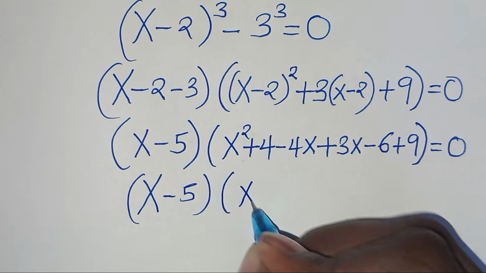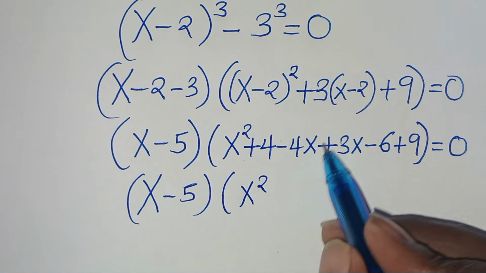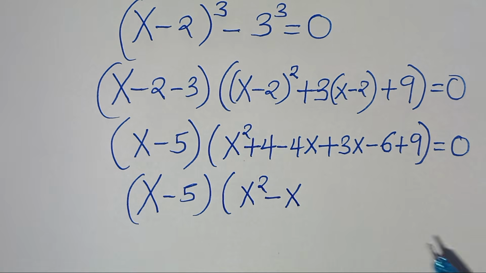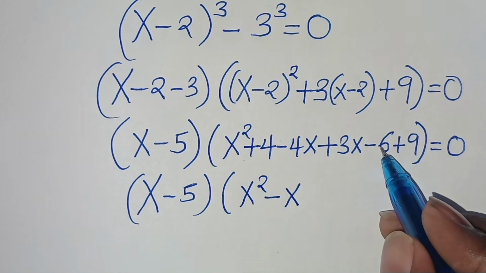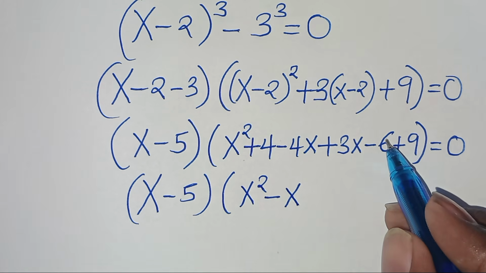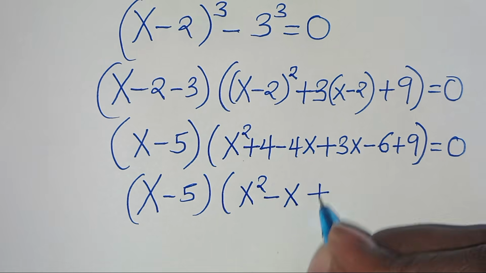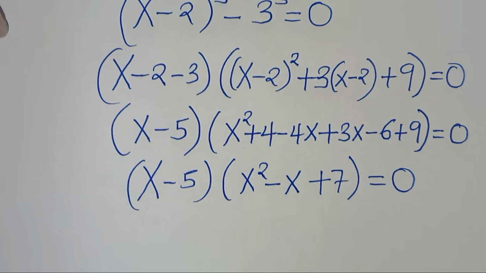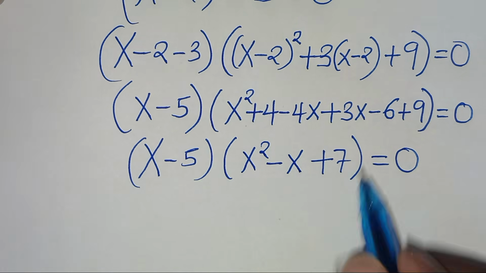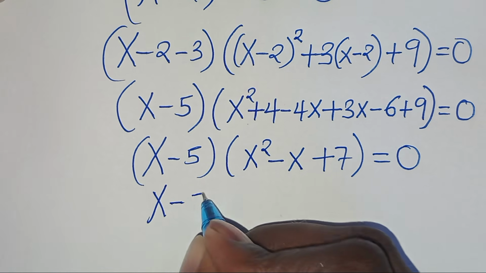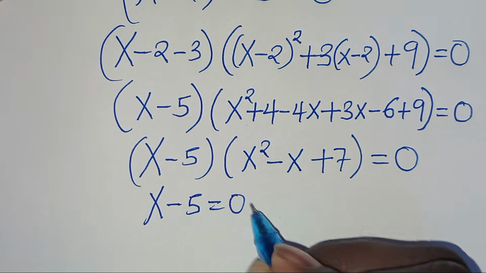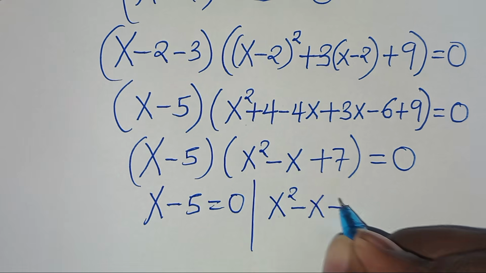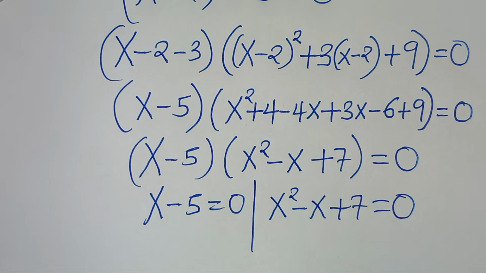Here we have x to the power of 2, then negative 4x plus 3x, this is minus x. Then we have 4 minus 6, this is negative 2, plus 9, this is plus 7, and this is equal to 0. So again, we have two parts here. We have x minus 5 equal to 0, and then we have x to the power of 2 minus x plus 7 equal to 0.